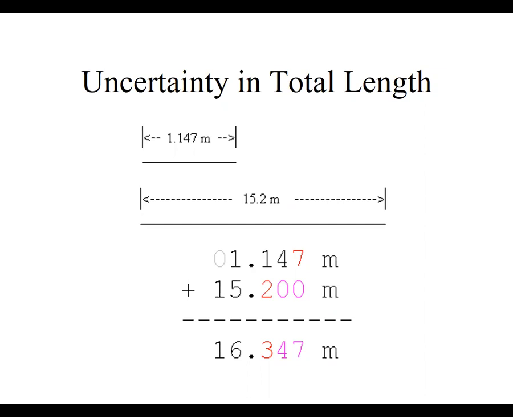Now, how do I know how to color code the numbers in the answer? Well, remember what I said earlier with the multiplication problem. Your answer cannot have more information in it than the numbers you use to create it. You cannot create knowledge out of information that's not there.